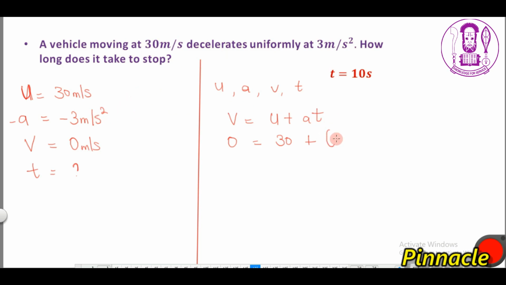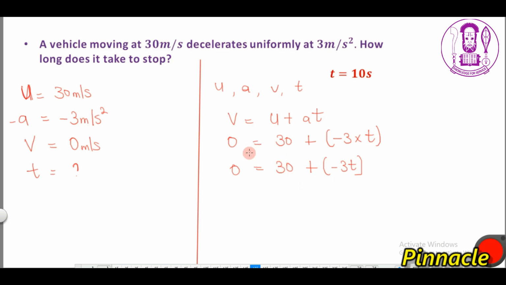I'll open a bracket for it: minus 3 times t, which is what I'm looking for. So this will be 0 is equal to 30 plus, open bracket, minus 3t.